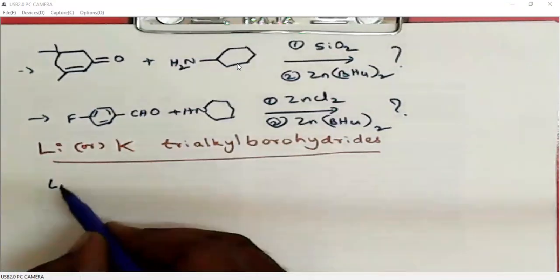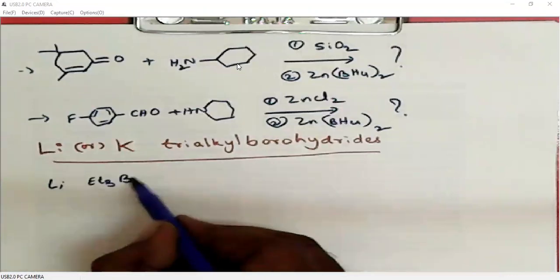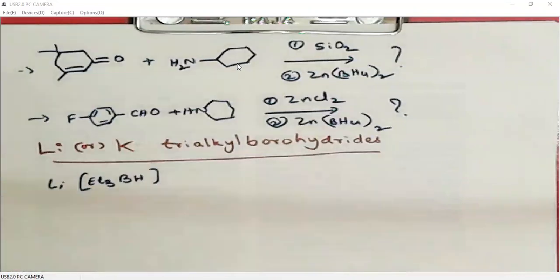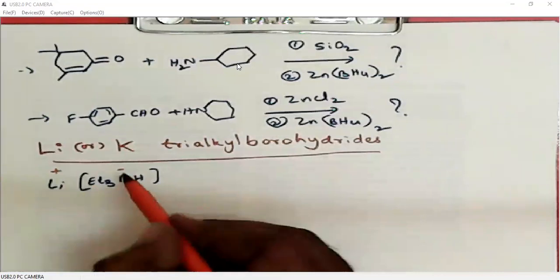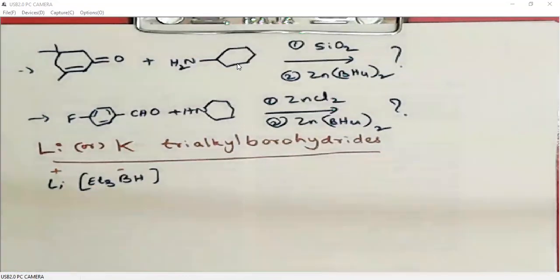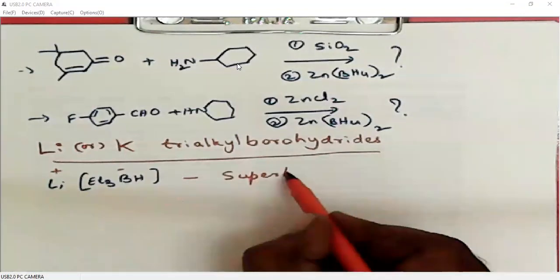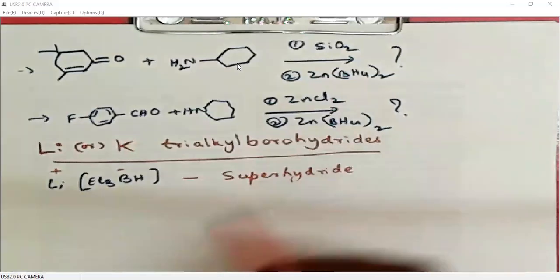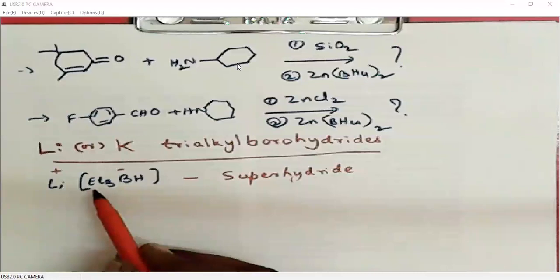First one is lithium triethyl borohydride. So we will have lithium plus and a negative charge on boron. The common name is superhydride because it is more nucleophilic. It is having three ethyl groups. Ethyl groups are electron releasing, they are plus I groups.